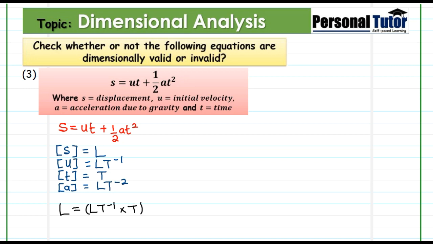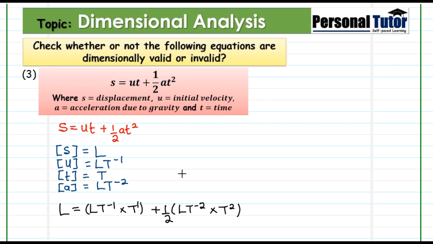The T has exponent 1, plus half of at squared. The A is LT minus 2 multiplied by t squared, the capital T and a square, all multiplied by half. Great.